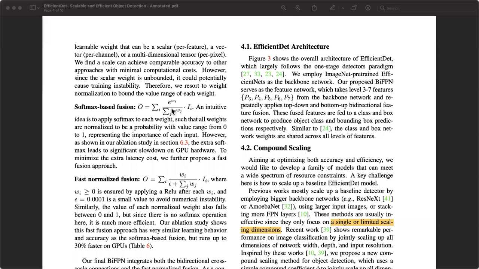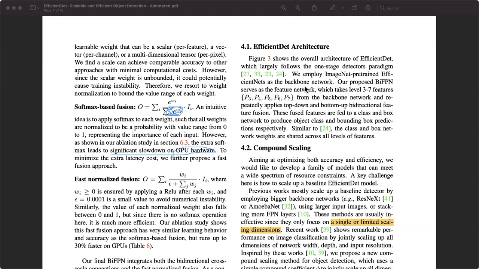So now we have 0 to 1, and this ensures that our training can proceed. Another issue is that this one is exponential, e to the power of W. For hardware computation, there's some floating point to compute, which is a little bit slow if we are training on GPU.